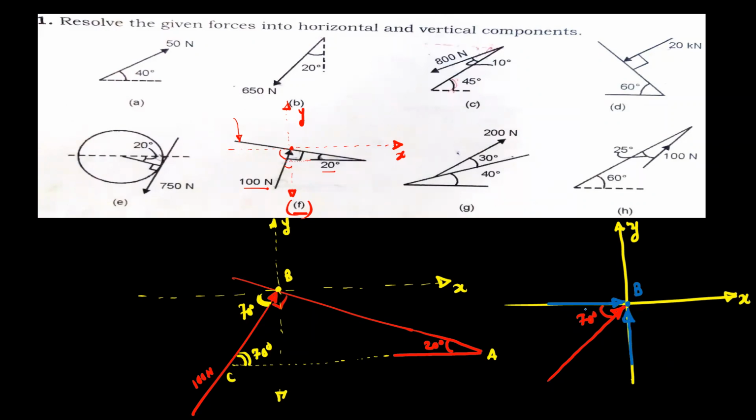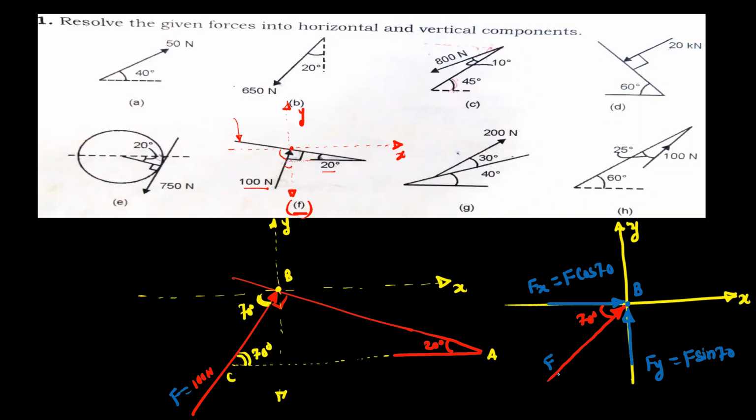The x component is adjacent. So this is Fx and this is Fy. So Fx will be, total force F is 100 Newton, so it is F cos 70, and Fy is equal to F sin 70.